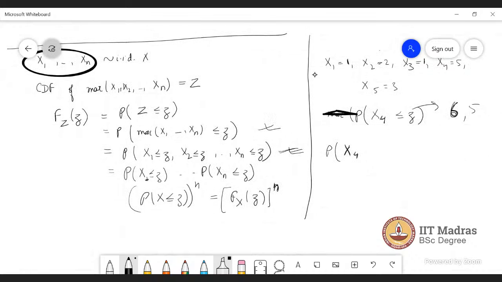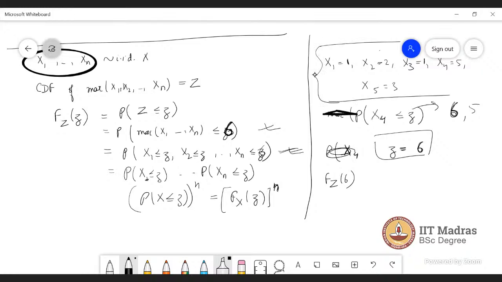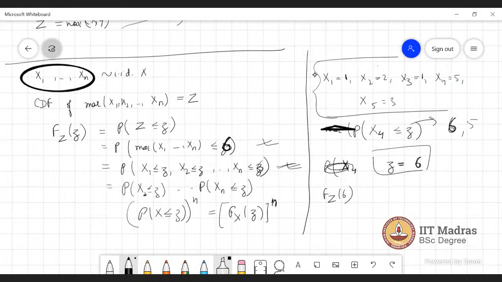On the right hand side, the probability of x4 less than 6 is understood, that we are finding for just one variable of the set. Let's say our value is 6, and as we have seen here, x4 is the maximum.